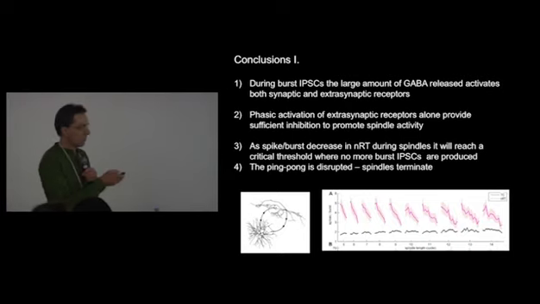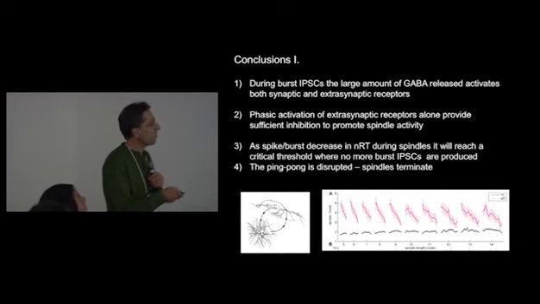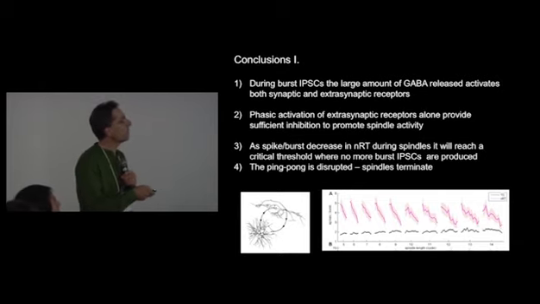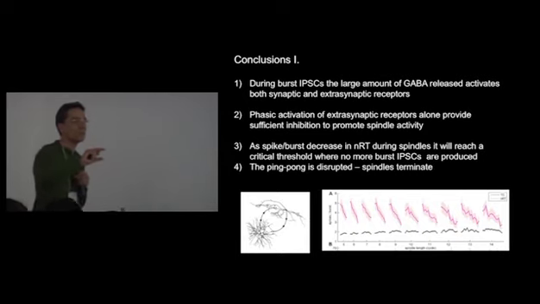But as a consequence, what we think is basically going on is that under natural conditions, when the spikes per burst start to decrease, it reaches a critical level, and this is when the burst IPSCs switch to single IPSCs.